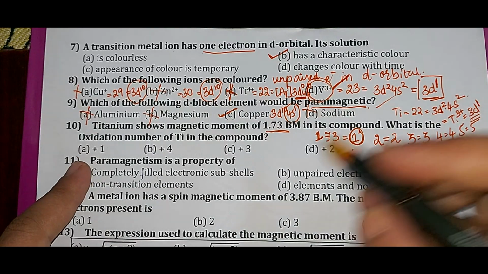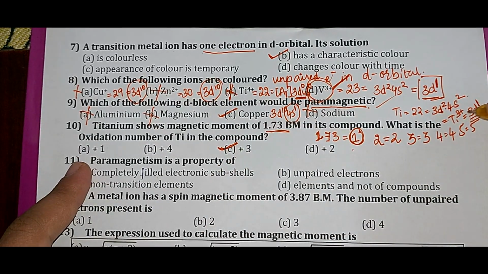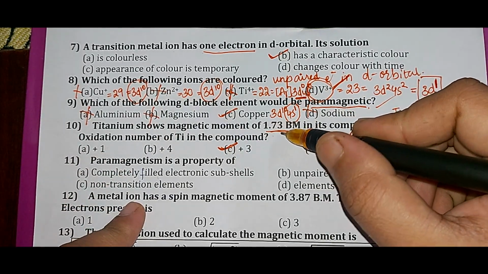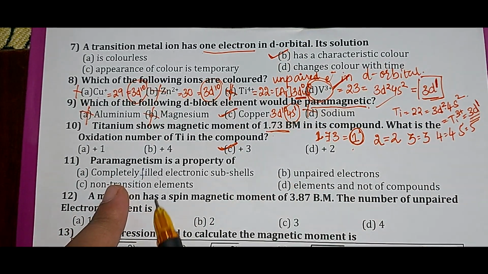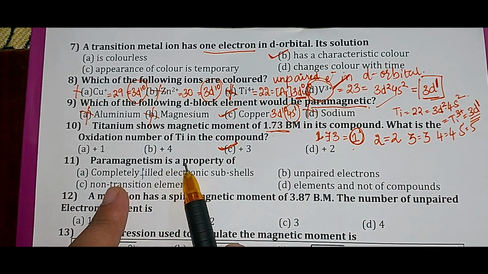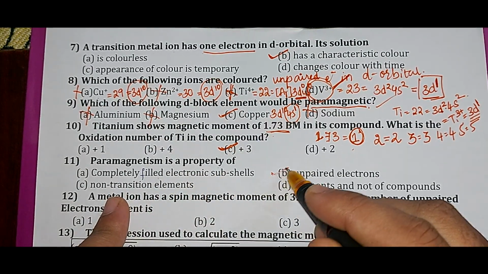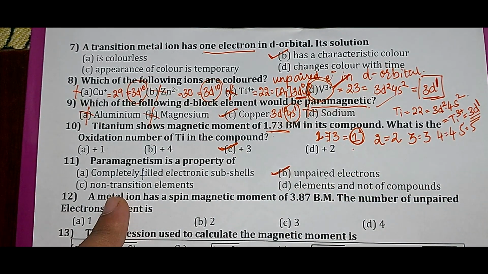So the correct answer is option C. Titanium with the +3 oxidation state will have the magnetic moment value of 1.73 Bohr magneton. Next, paramagnetism. Paramagnetism is a property of the elements or molecules containing what? Unpaired electrons. So the correct answer is option B, unpaired electron.